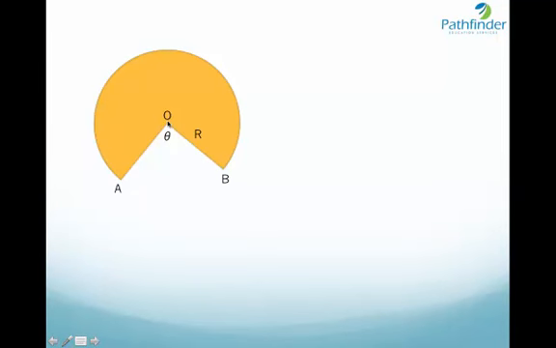You see here we have a sector and there are points A and B. If I pull point A and B towards each other, then point O will rise perpendicular to the plane of your screens and it will give rise to a cone in this fashion. And you notice that the radius of the initial sector is equal to the slant height of this cone.